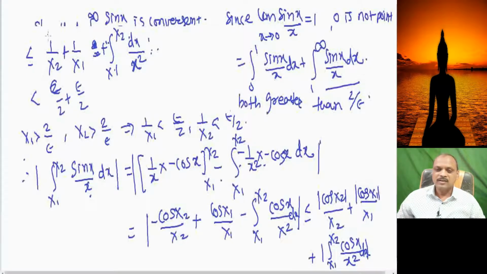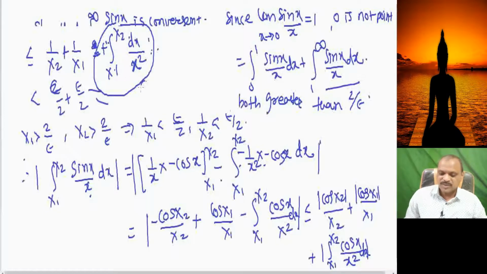This integral is again a very small value. So the total three terms will be less than epsilon by 2 plus epsilon by 2, which is nothing but epsilon.